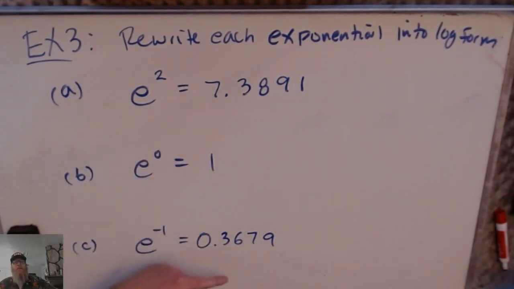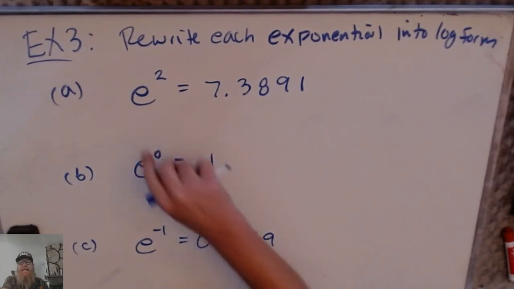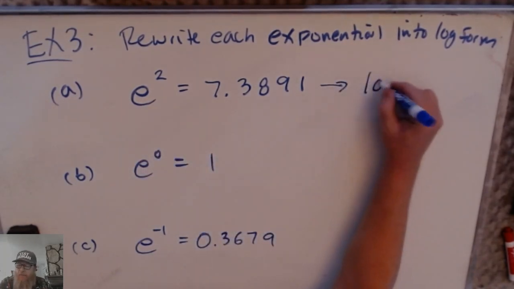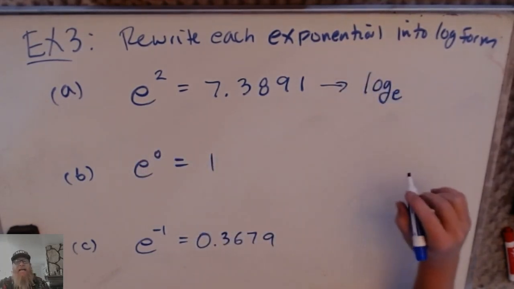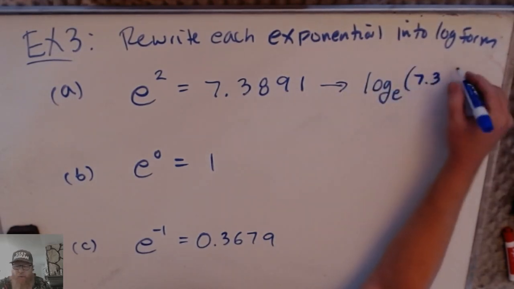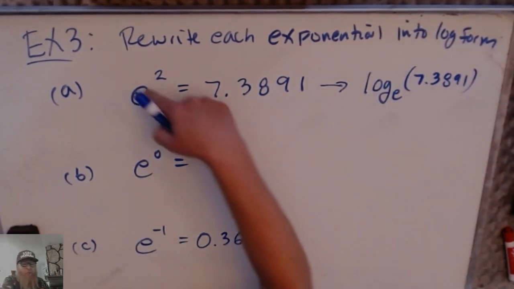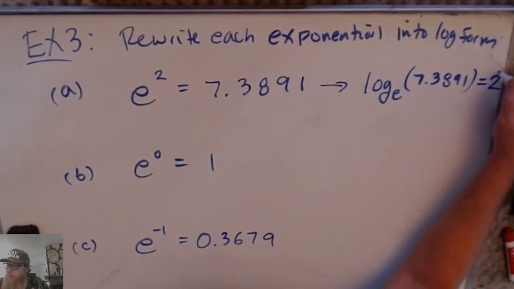These are some values that you might recognize from yesterday or from the day before when we were doing the natural E exponential graphs. So this time the base is E. So you would say log base E of the argument 7.3891 equals the exponent equals 2.